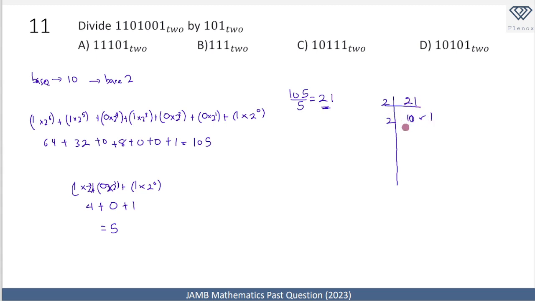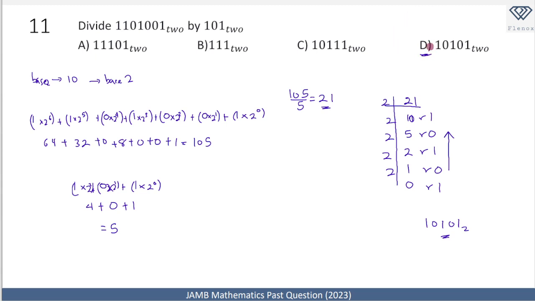Now 10 divided by 2 is 5 remainder 0, there is no remainder. 5 divided by 2 is 2 remainder 1. Now 2 divided by 2 is 1 remainder 0, and 1 divided by 2 is 0 remainder 1. Then we write the remainders from the bottom up, which is 1 0 1 0 1 in base 2. And that makes option D the correct option.